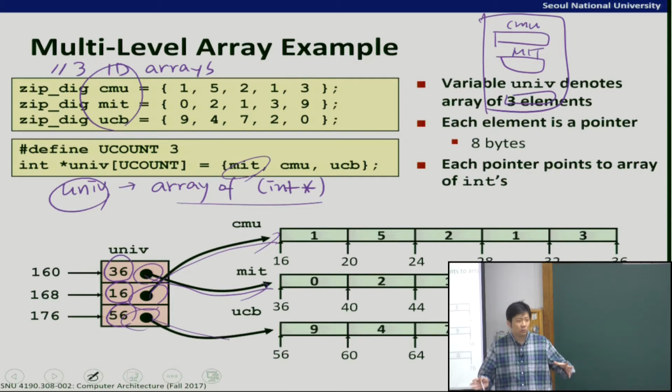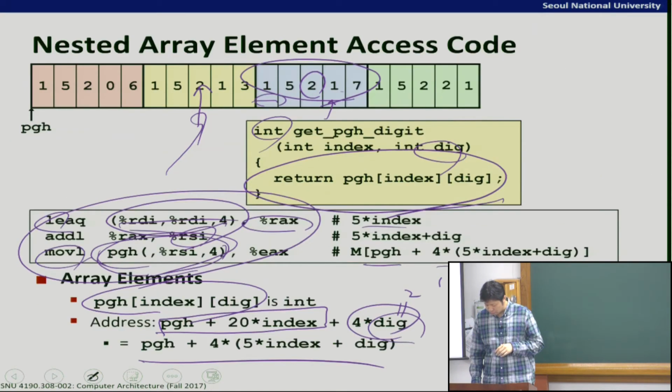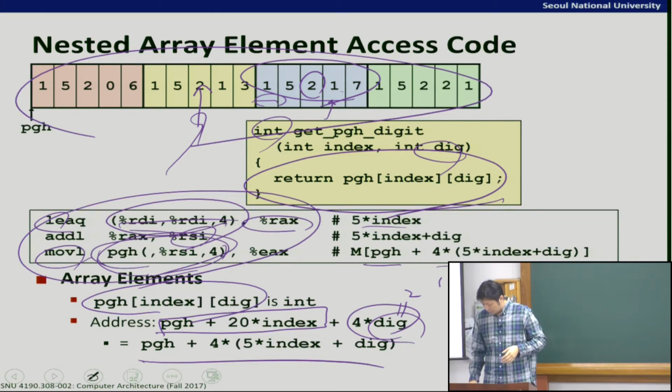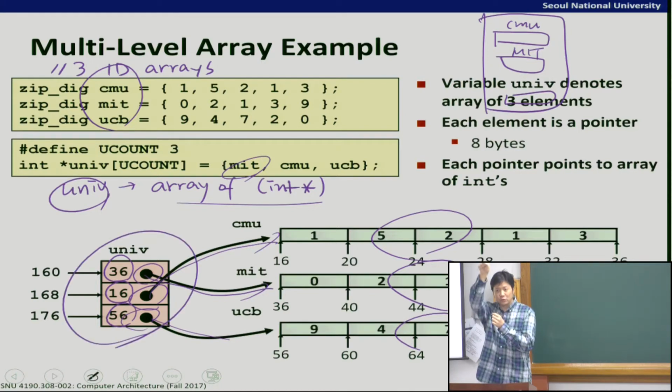So the difference from the previous 2-dimensional array is that there's no guarantee of contiguity, right? In the previous 2-dimensional array, they look like this, located in contiguous memory space, right? But in this case, these 3 arrays are placed disjointly. They can be anywhere. And these 3 pointers point to the beginning of the individual arrays.